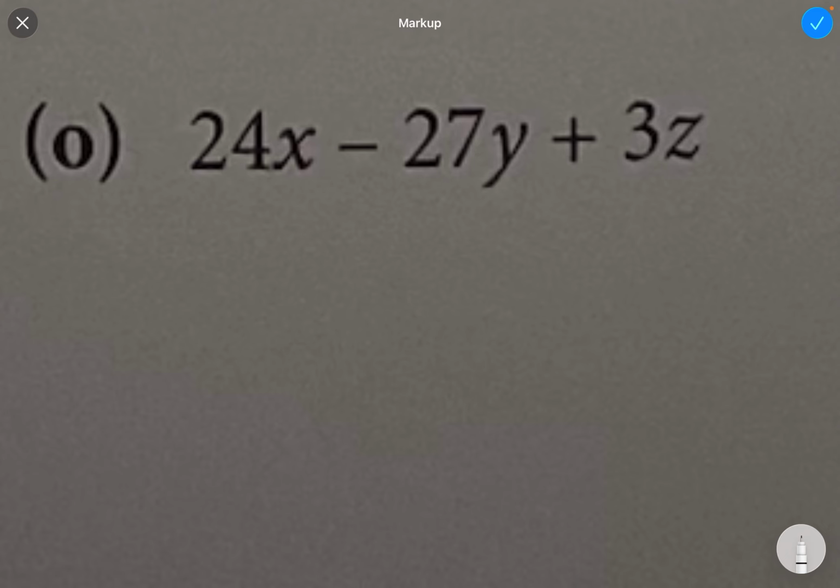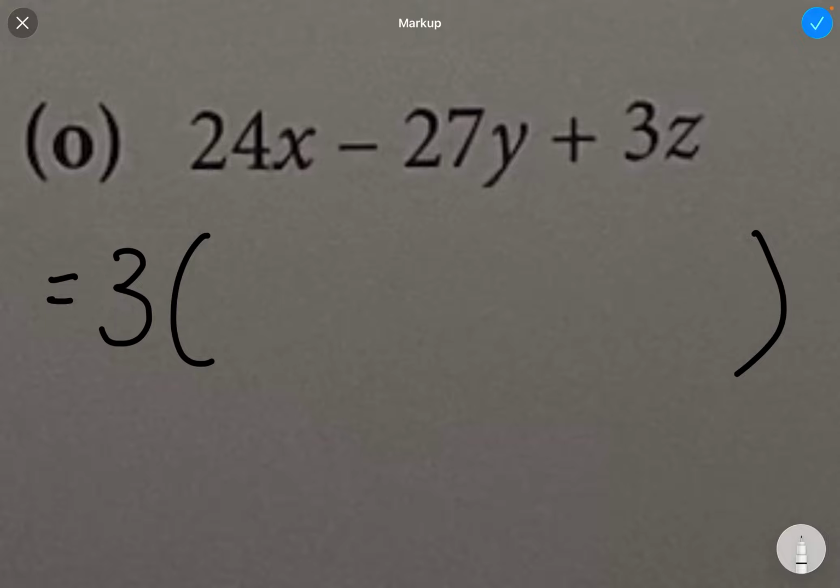So first we look at the numbers. 24, 27 and 3. 3 can be divided by 3. 27, I press calculator, also can divide by 3. 24, I press calculator, also can. 24 divided by 3 is 8. 27 divided by 3 is 9. 3 divided by 3 is 1. So 3 is common. Then I see the alphabet. X, Y and Z, not common. So we don't have alphabet to take out. Just like that. So what is left behind?